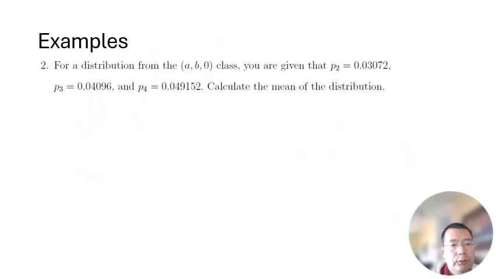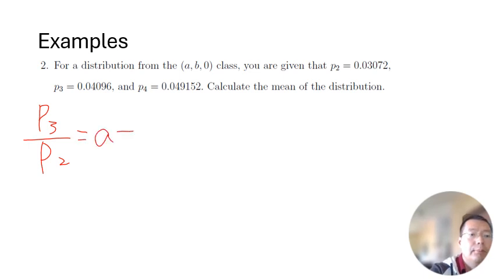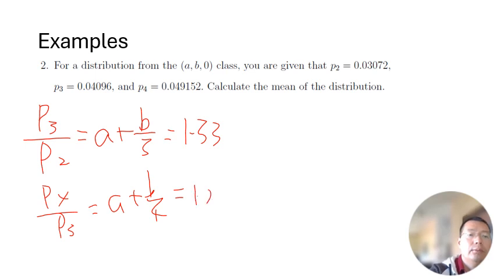Now let's look at example 2. For a distribution from the (a,b,0) class, you are given that p2 is equal to 0.03072, p3 is 0.04096, and p4 is 0.049152. Calculate the mean of the distribution. Again, we use the same approach: p3 over p2 equals a plus b over 3, and p4 over p3 equals a plus b over 4, which is 1.2.